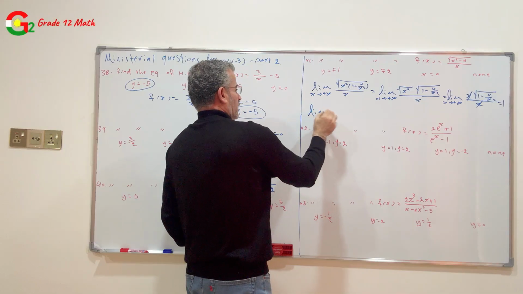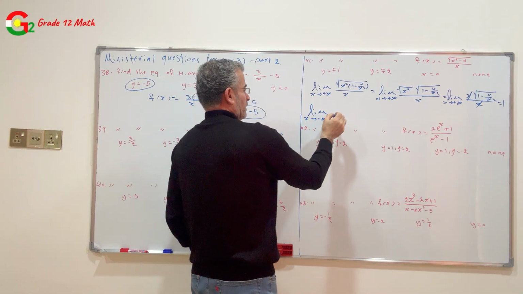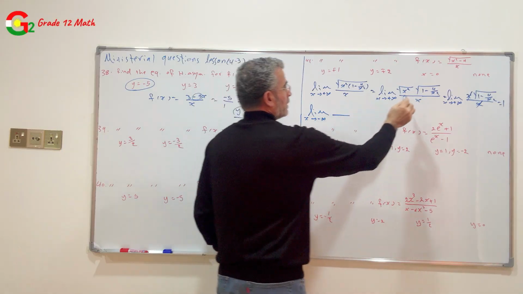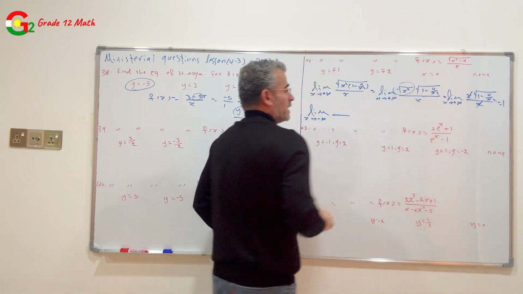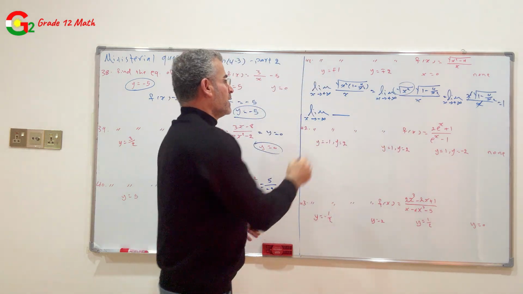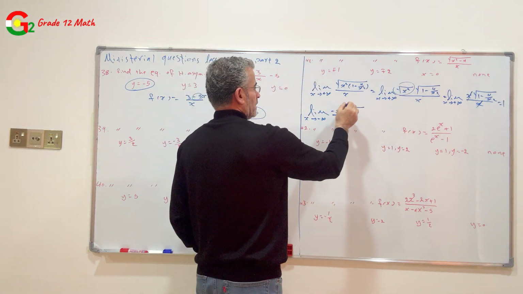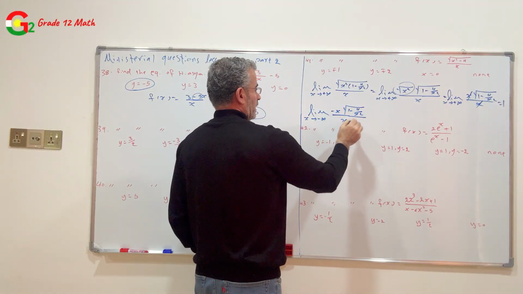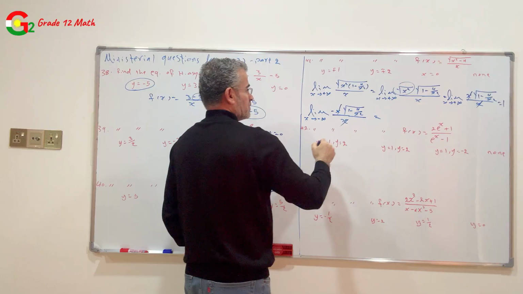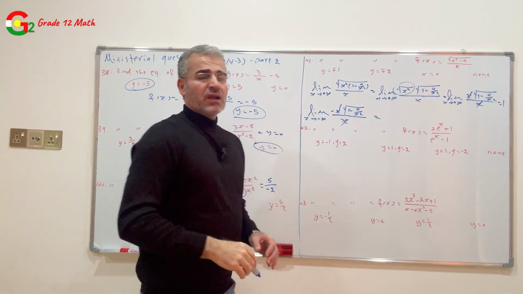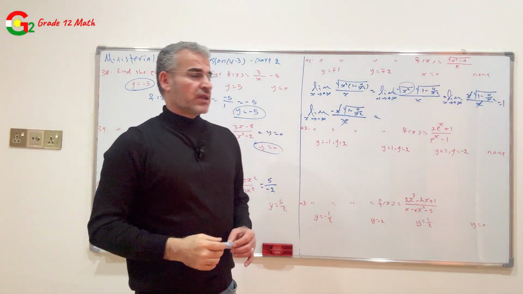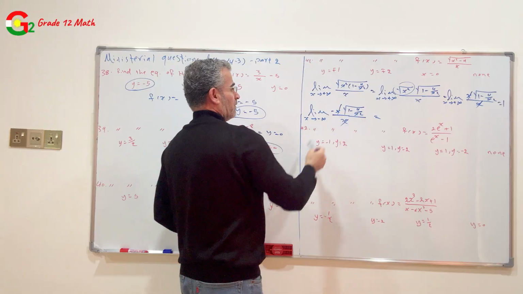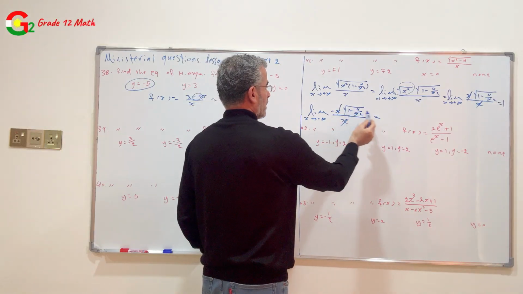When x approaches negative infinity, sqrt(x^2) equals -x, times sqrt(1 - 4/x^2), over x. Reduce x with x, substitute every x with negative infinity. 4 over negative infinity squared is 0. 1 minus 0 is 1.